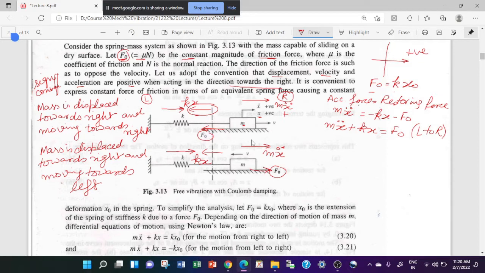So in that case the equation of motion can be given by again mx double dot, accelerating force, is equal to minus kx plus f naught, or I can say mx double dot plus kx is equal to f naught. It is the equation of motion when the mass moves from right to left.